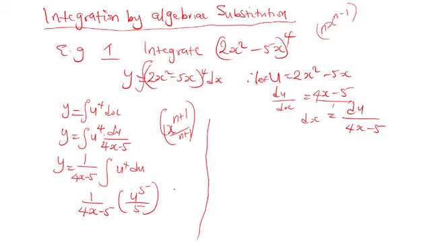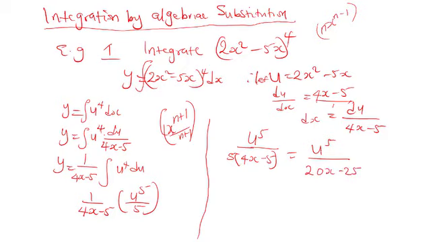And when you multiply this, it is now 1 over 5 in bracket 4x minus 5, then at the top you have u raised to power 5, which is equal to u raised to power 5 all over 20x minus 25.